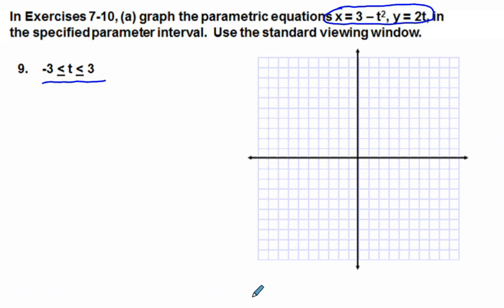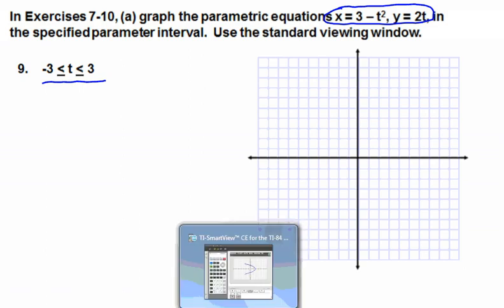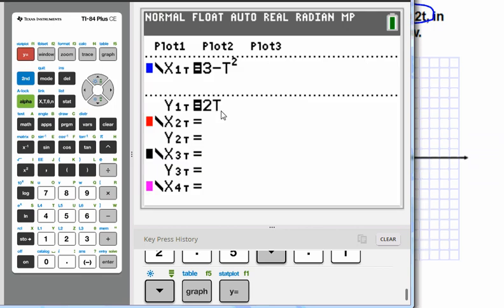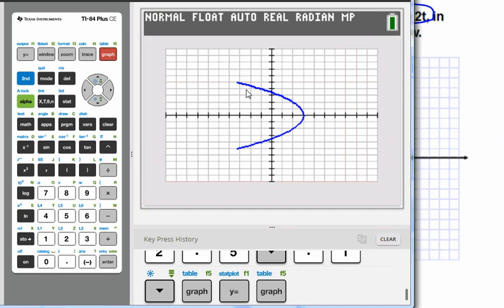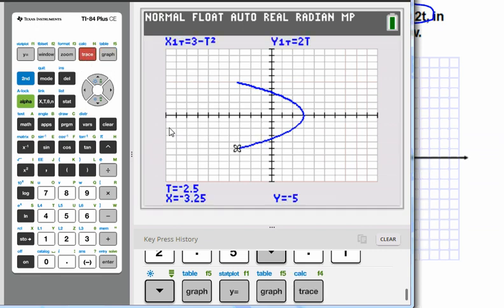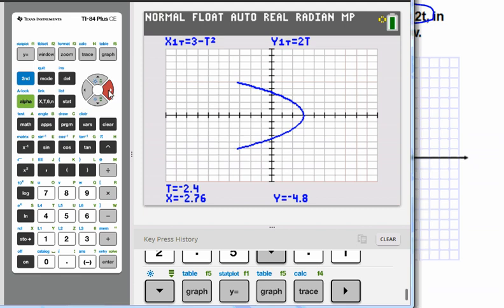What we did is I previously put the equation in the calculator here in the parametric mode and graphed the equation, and this is what it looks like. And we can see that if we trace, we can go from time equals negative 2.5 all the way up to 2.5 and so on.